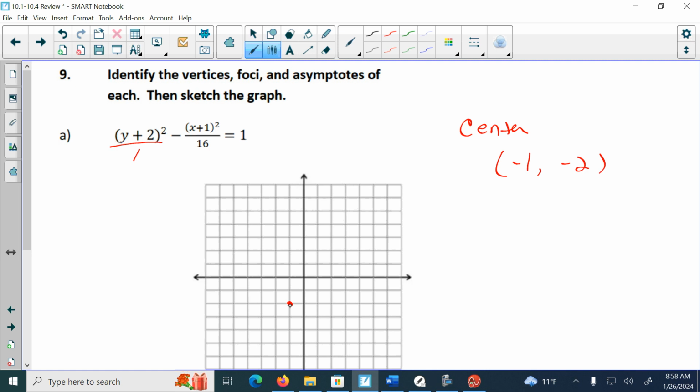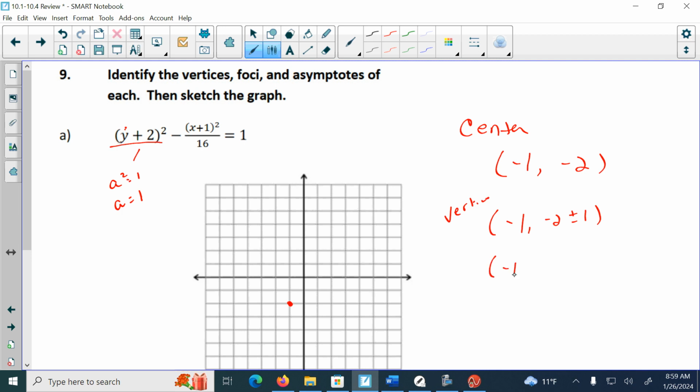My vertices, and I only have one set of vertices, are going to be with the y, because the y is the positive 1. And my a squared is going to be whatever's with the positive 1. So my a squared is going to be 1, which means my a is 1. So I'm going to go over here to my center, and I'm going to add 1 to the -2 and subtract 1 to find my vertices.